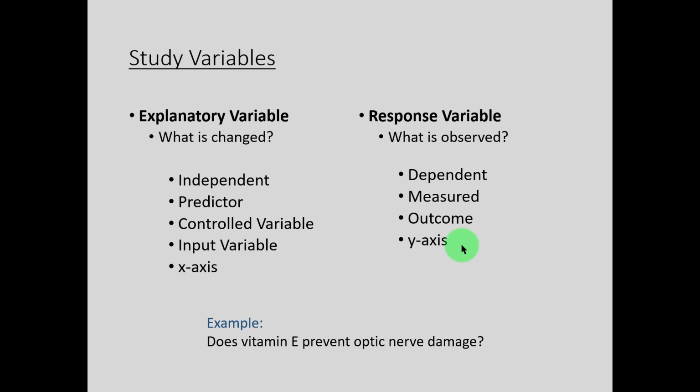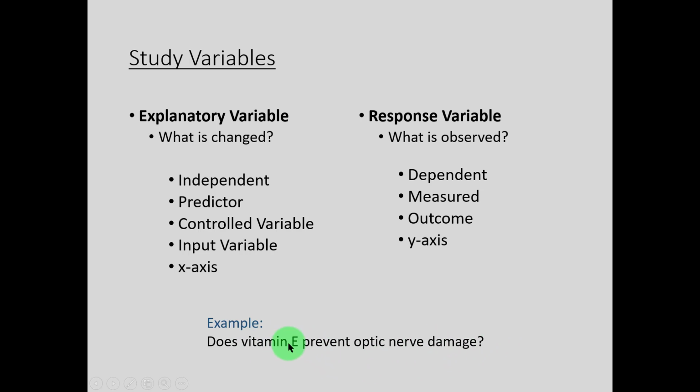Here's a brief example. Does vitamin E prevent optic nerve damage? With this little bit of info that we have here, can we identify what the explanatory and response variables would be? Well, what is of primary interest here?